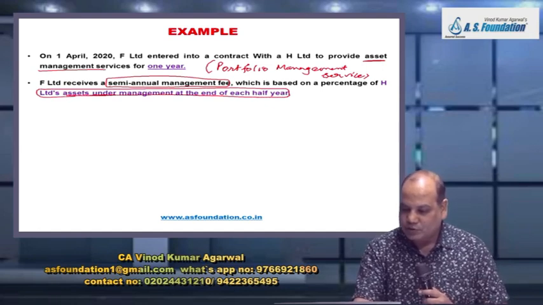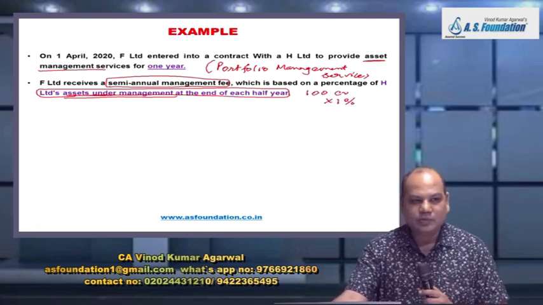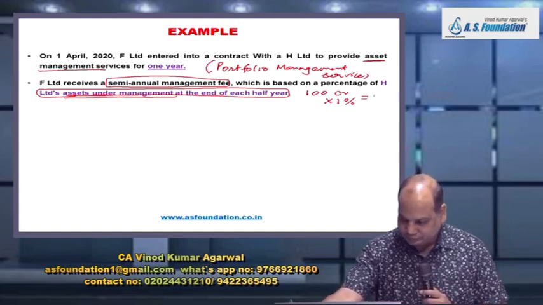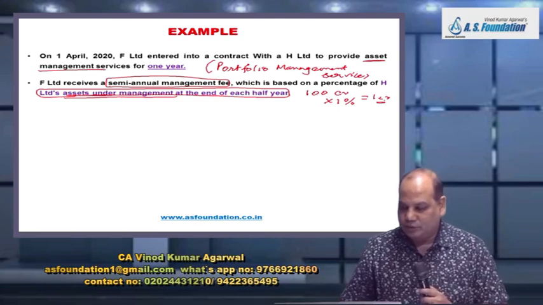So they will take this figure, asset under management, say 100 crore. The fee for asset under management, suppose, is 1%. So 1 crore fees. Okay.